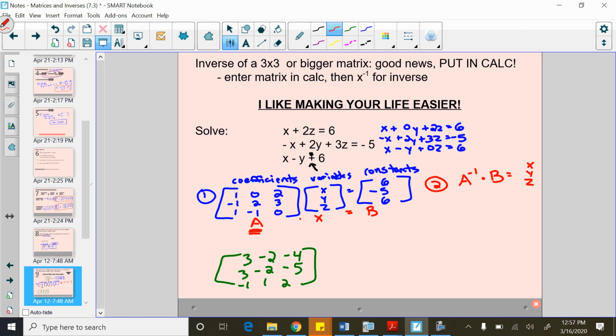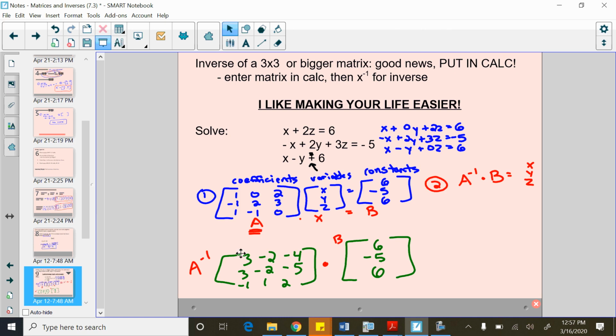So this now is our inverse of A. We know that we can multiply that by our B. So our B in this case is our 6, -5, and 6. And now our goal here is to actually put this into our calculator and be able to multiply this together. So we need to actually put the B matrix into our calculator.